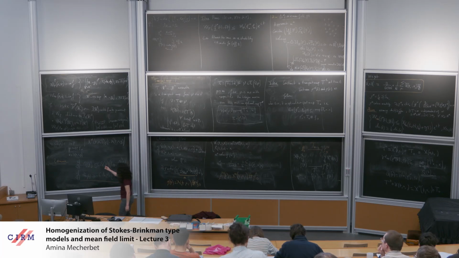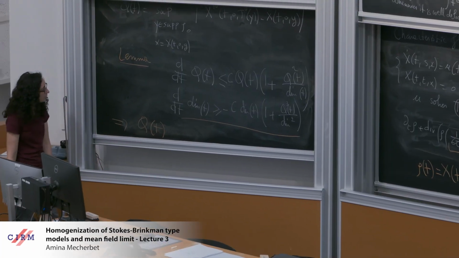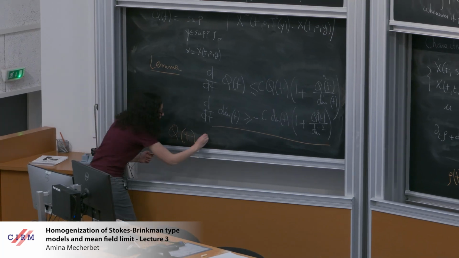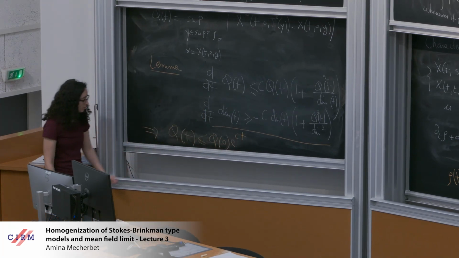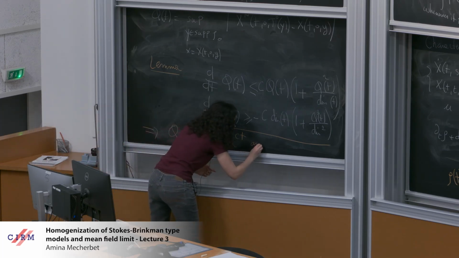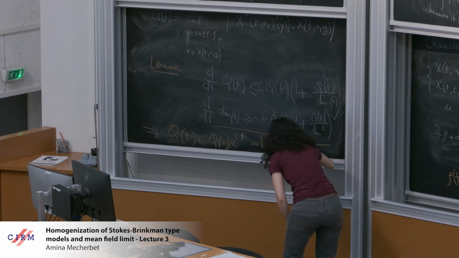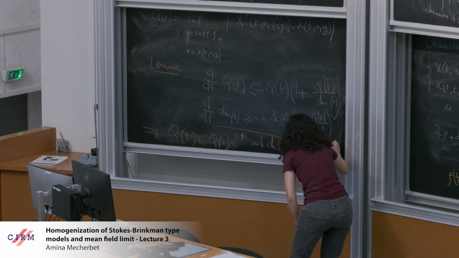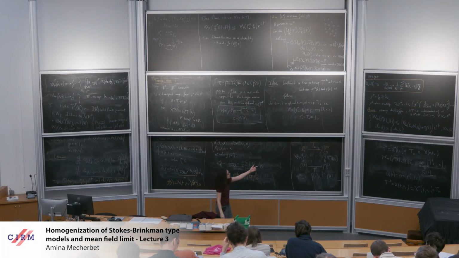So the conclusion is that this yields a control on this quantity with something like this, okay? And something similar for the minimal distance. Which allows you to get the final result.